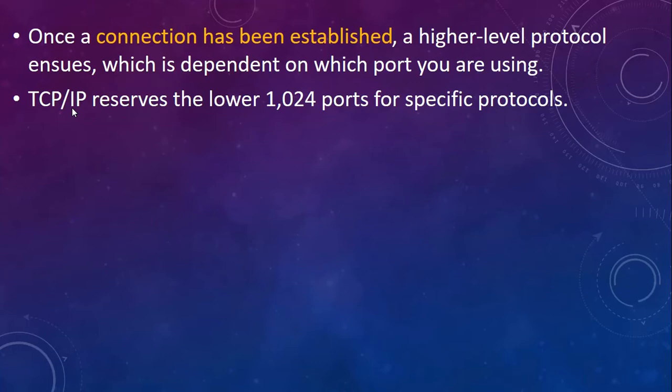The socket communication that we are going to see here will happen at the transport layer, and then you have your process layer, right? So that model is called the TCP/IP stack, and it reserves the lower 1024 ports for some specific protocols.